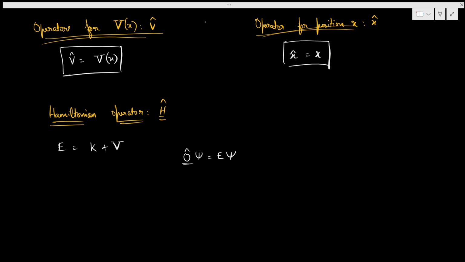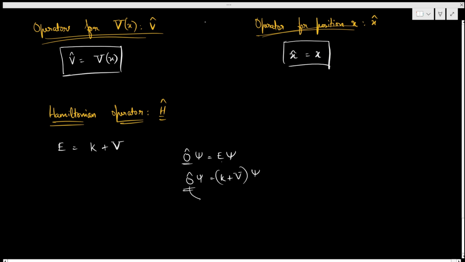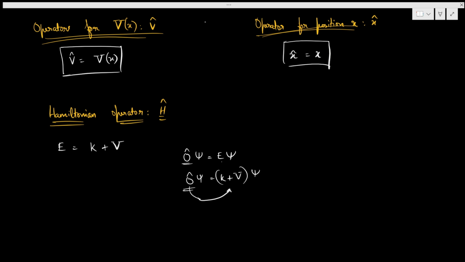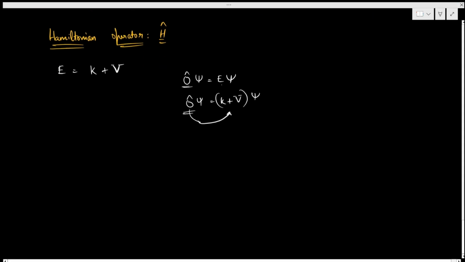It also makes sense that you can rewrite this E as some K plus V, correct? So by this, what we get is this operator is an operator for E, yes, but it's just the sum of the kinetic energy operator and the potential energy operator. And that's all that Hamiltonian's operator really is.